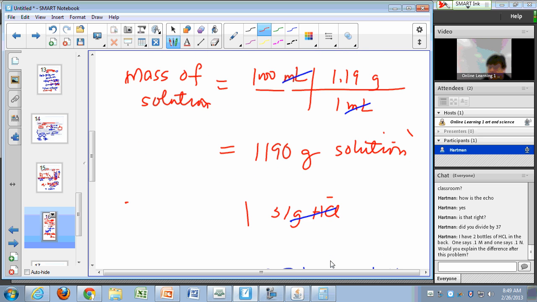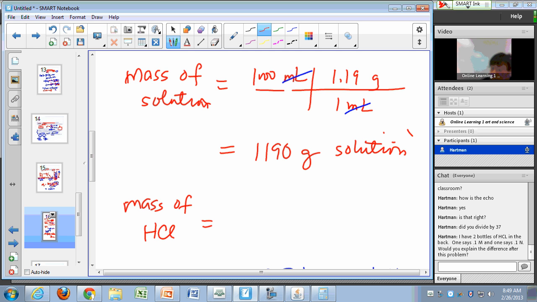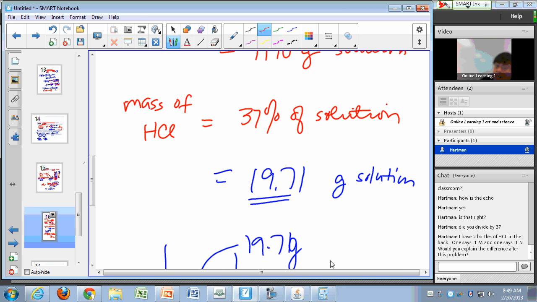Of that, how much is HCl? You say that the mass of HCl, the actual HCl, is only 37% of that, right? So what's 37% of that number?